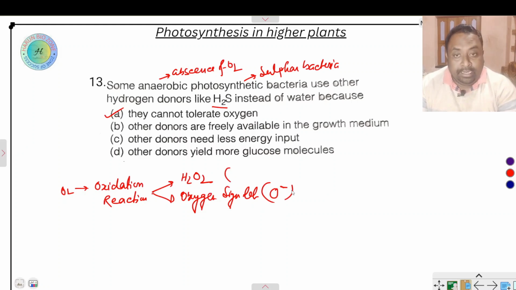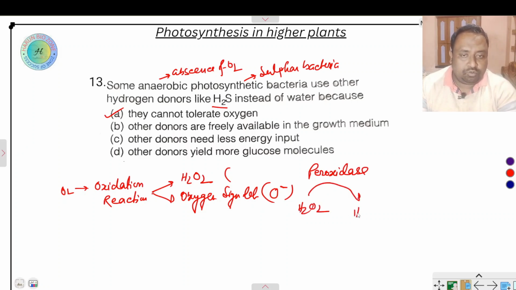But in case of aerobic organisms, there is one enzyme present, that is called peroxidase. This peroxidase breaks down H2O2 into H2O plus O2. But in case of bacteria, peroxidase is absent. So this H2O2 becomes poisonous to them. So the oxygen is toxic for them.